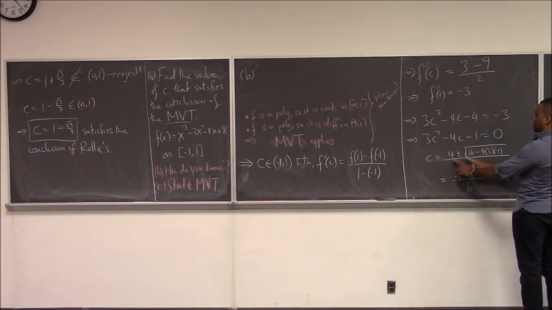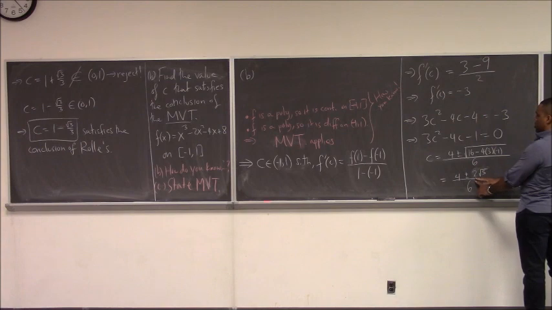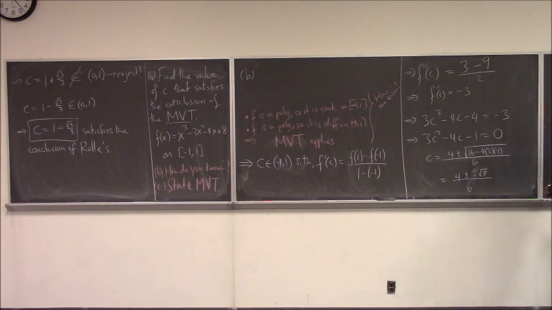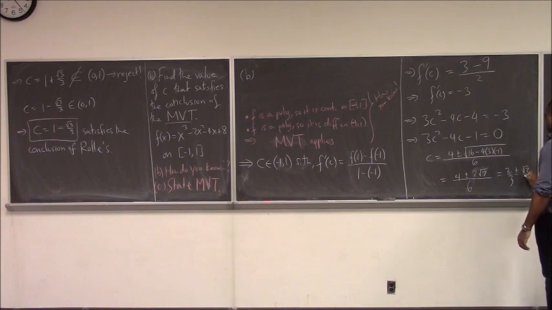I factored out a common 4 here. The radical of 4 is the 2. I'd be left with a 4 plus 3. So this is 2/3 plus or minus radical 7.